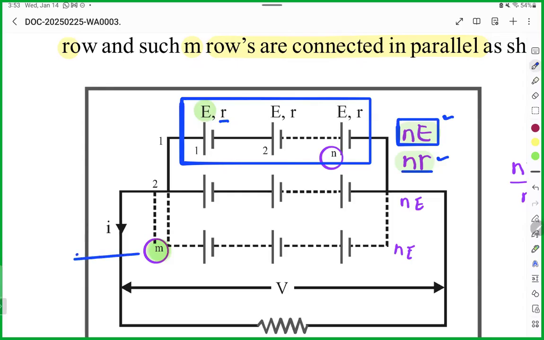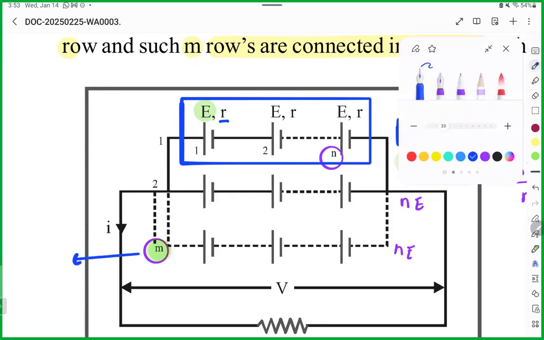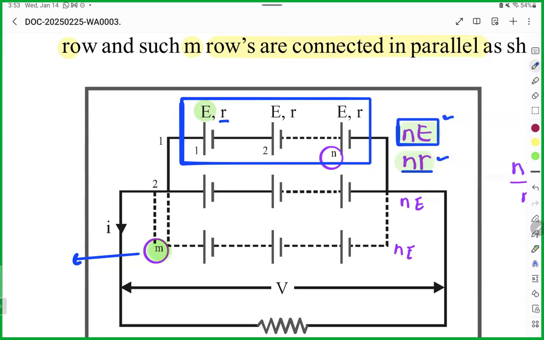The total EMF in parallel is NE only. Why? Because in parallel it remains the same. Make sense?